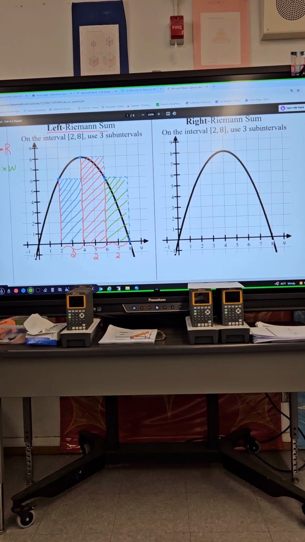Okay? But what is common? 2. Therefore, we can say the Riemann sum is approximately 2 times, this is the width, times the length, 2 times f of 2.